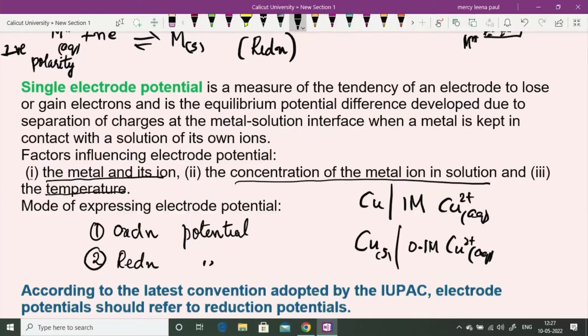Here the difficulty is that if I am representing the potentials of electrodes as oxidation potentials, another person might be representing them as reduction potentials. So, there will always be a difference between these two.